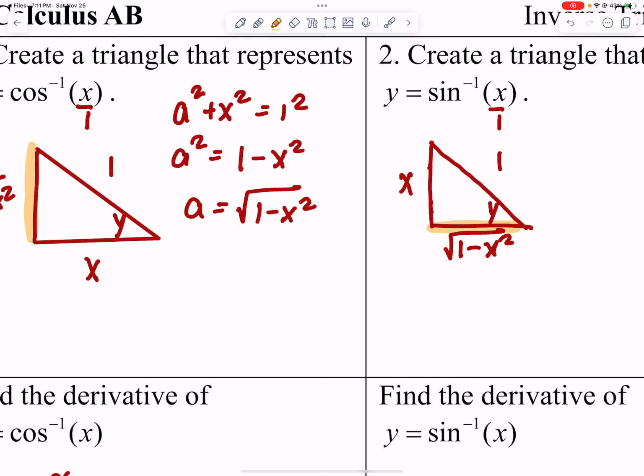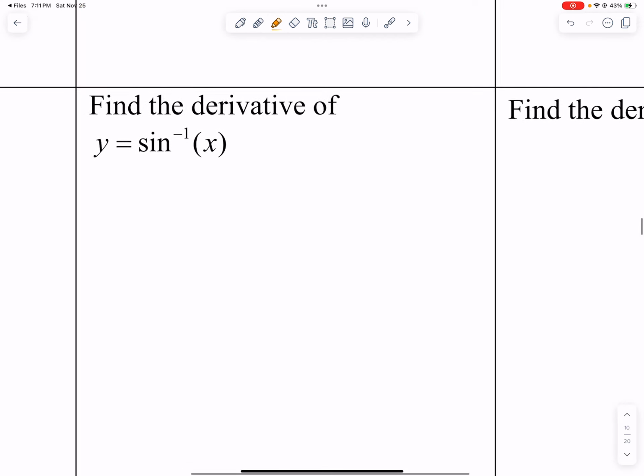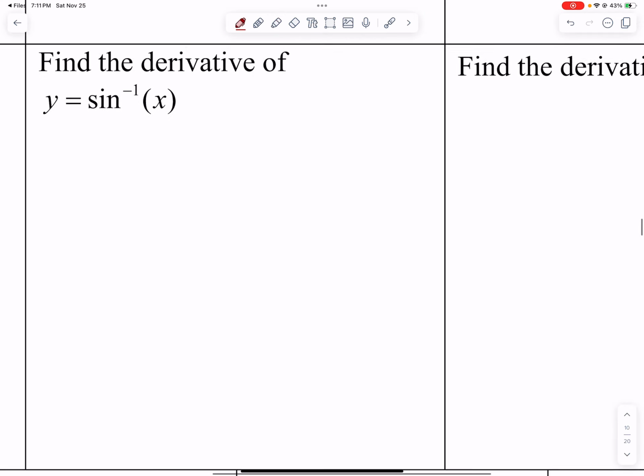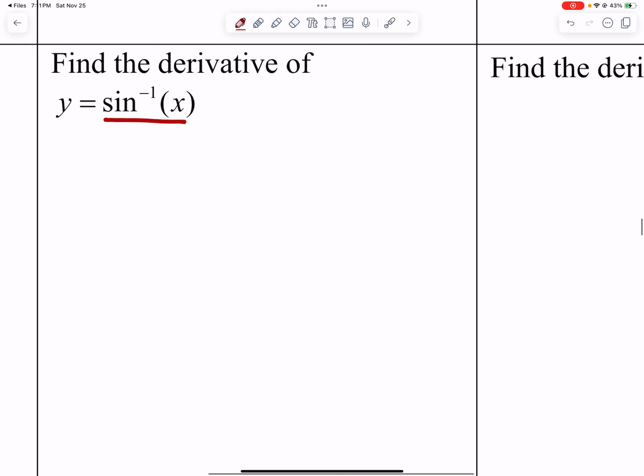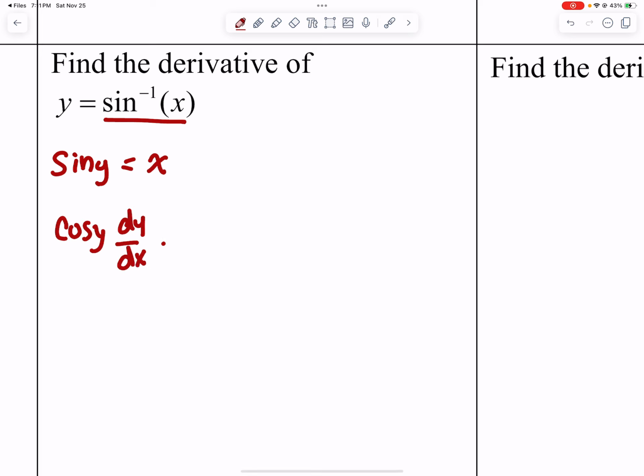Now, that's going to be important because once we take the derivative of this, you'll realize that we don't know what inverse sine is. So we are going to take the sine of both sides so that it is easier for us to take the derivative of the left and the right using implicit. So that's going to give me cosine of y dy dx is equal to 1. dy dx is going to be equal to 1 over cosine of y. And then we just got to figure out what cosine of y is.